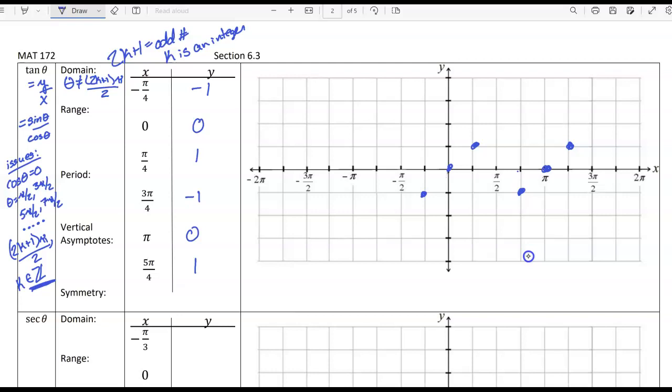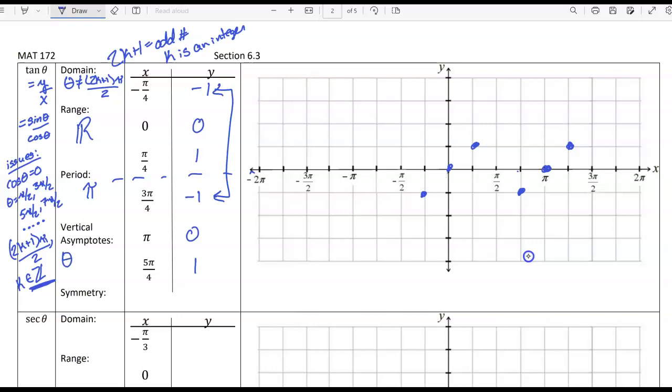Anything else is fine. Okay, the range for this guy is going to end up being all real numbers. The period, this guy repeats every pi units, and you can kind of see that going on here. From here to here, you see the repeat, and that distance is going to be pi units. And then where do vertical asymptotes happen?